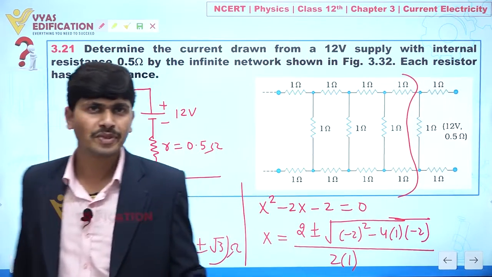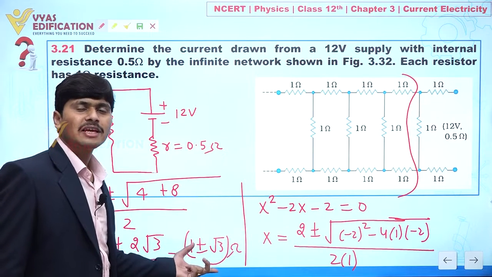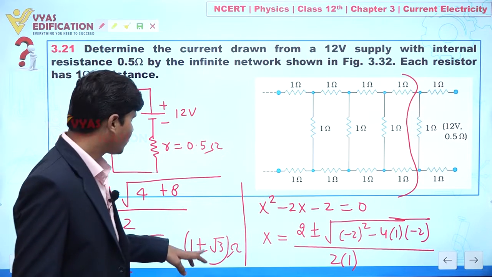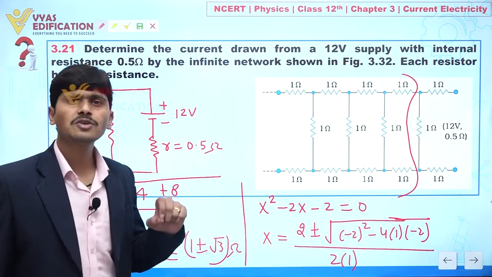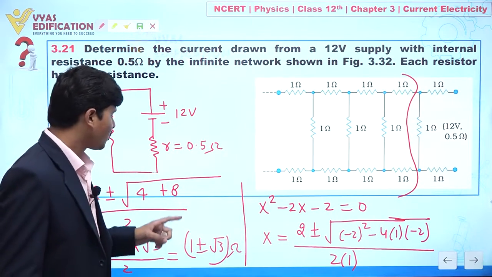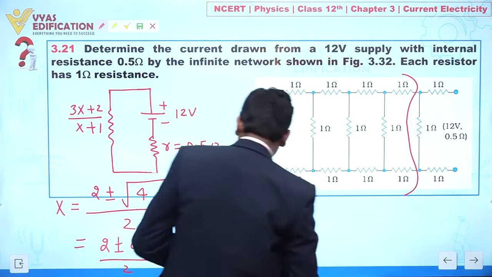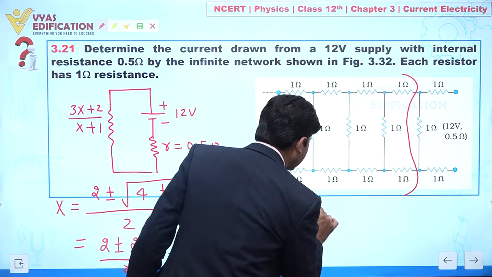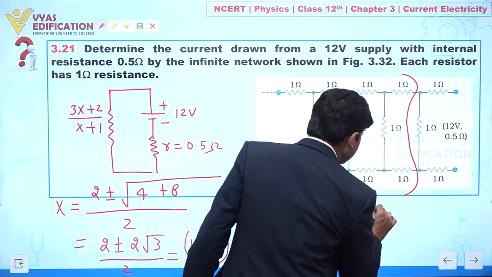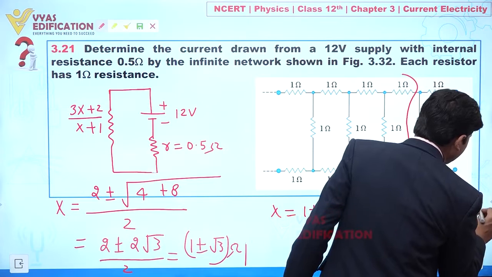If we take the minus sign, 1 minus under root 3 with 1.73 gives a negative value, and negative resistance does not exist. So the actual value of X is 1 plus under root of 3, that is 1 plus 1.73, which is 2.73 ohm.